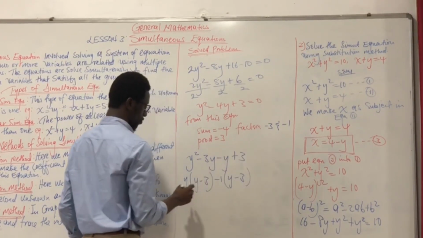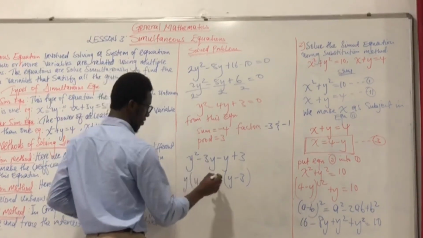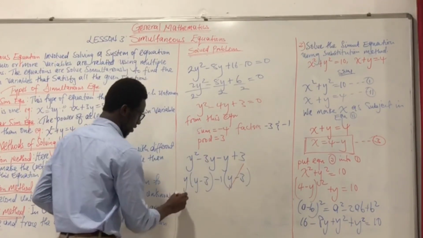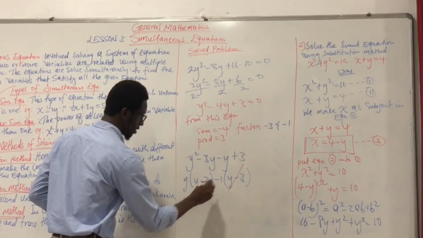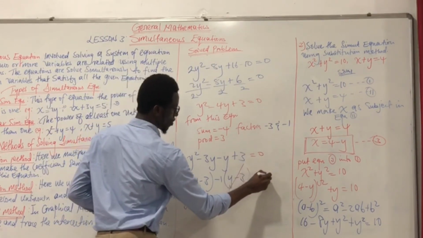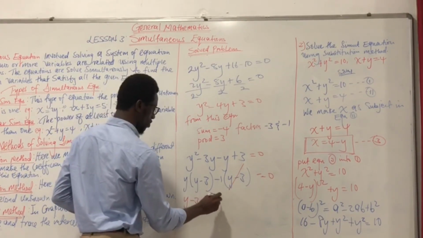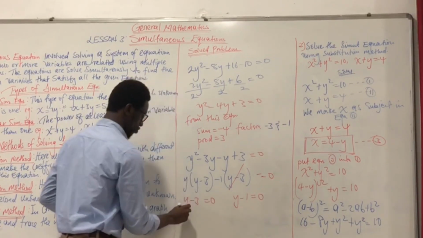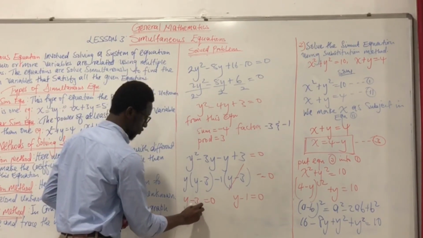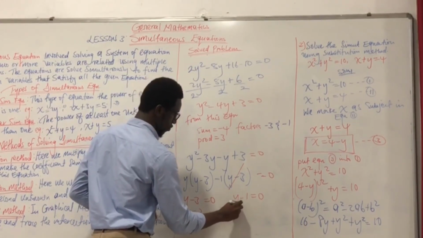Then we eliminate one of these brackets. So this now becomes y minus 3 equals 0, and y minus 1 equals 0. So our y here is equal to 3, and our y here is equal to 1.